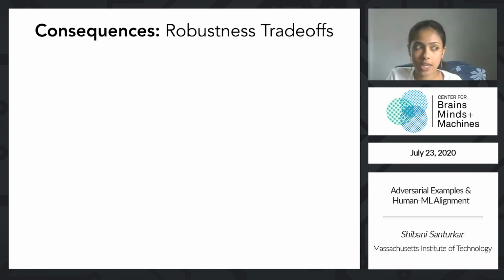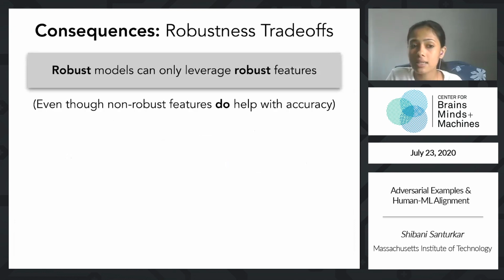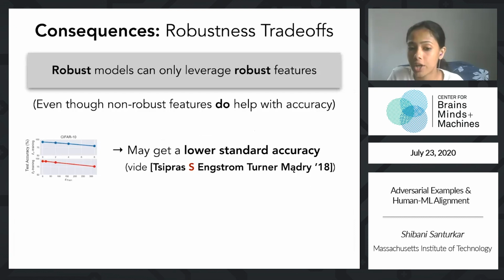Another thing is that it highlights some trade-offs if you want robustness. If you care about robustness, a model can only rely on robust features. It can't use any non-robust features, and thus it can't get any amount of accuracy that comes from non-robust features. This leads to some fundamental trade-offs between the accuracy that a robust model can get and its robustness.